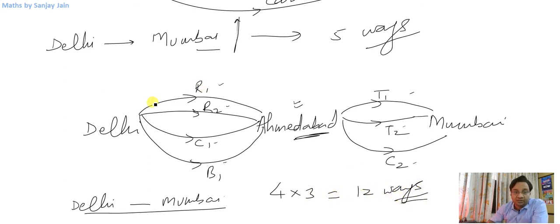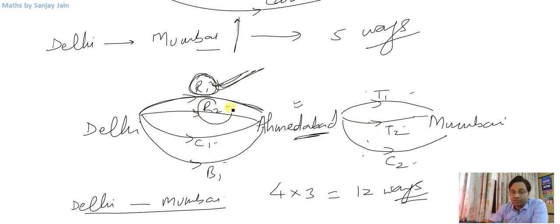If you notice, you can go from, let us say you go through road 1 from Delhi to Ahmedabad, or rail 1 Delhi to Ahmedabad, and then you have an option, right? Once you have reached through this way at Ahmedabad, now you have got 3 options corresponding to this, right?